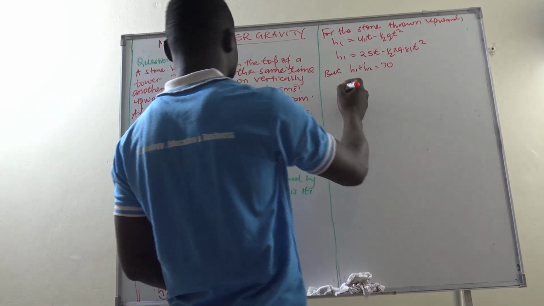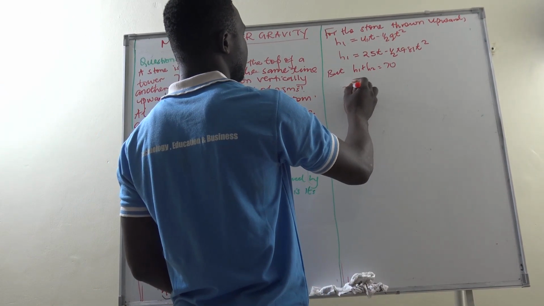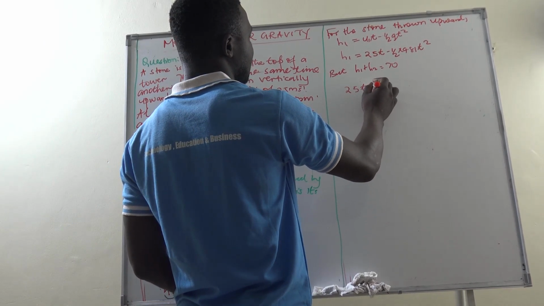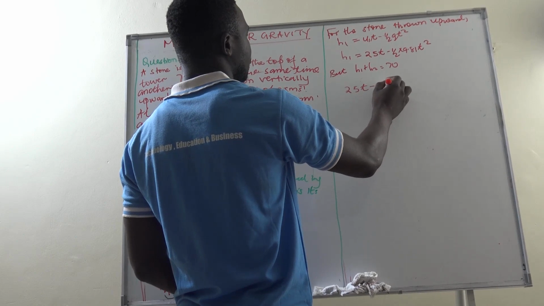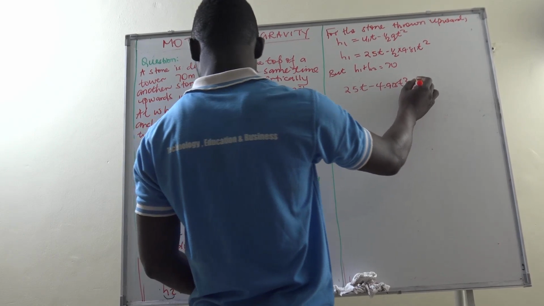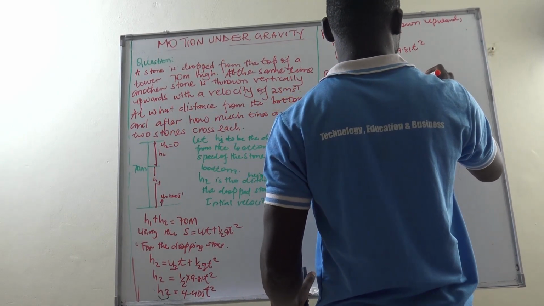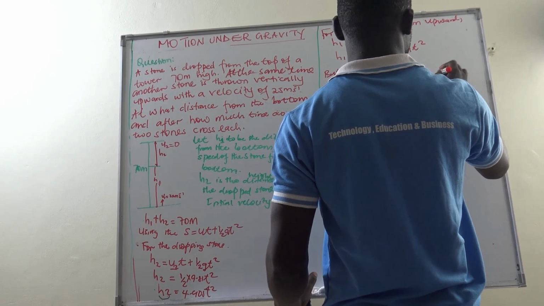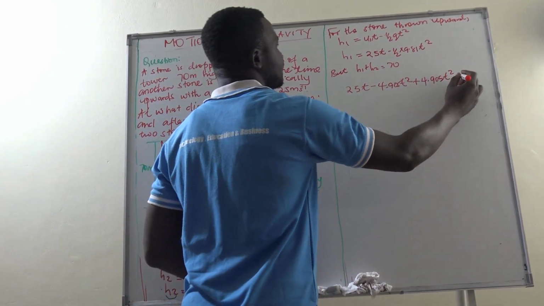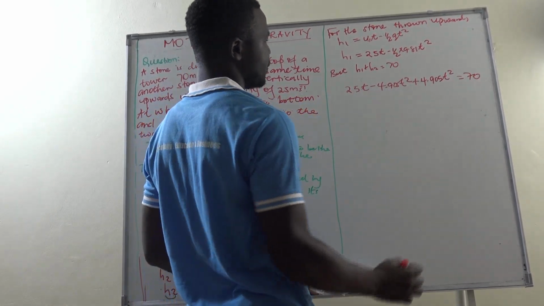So let us add: 25t minus 4.905t squared plus this one, which is also 4.905t squared, and this is the total height of the tower, which is equal to 70.